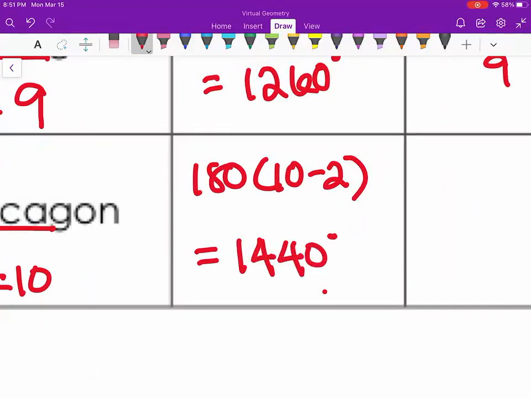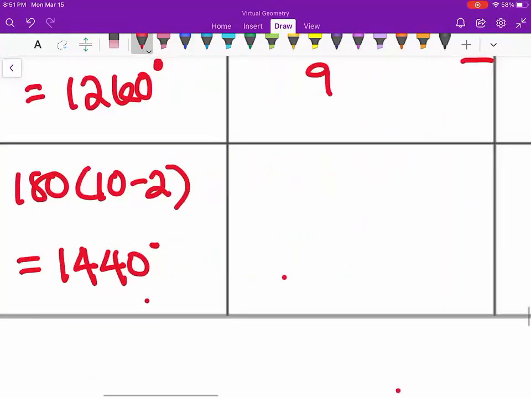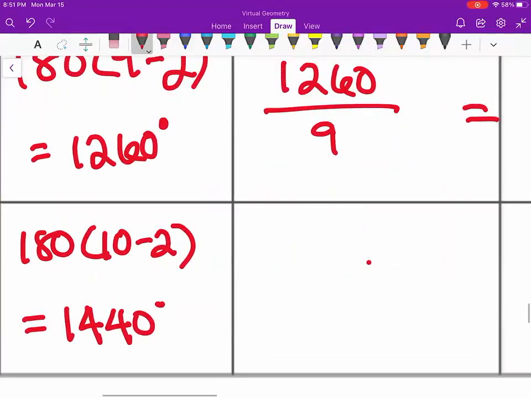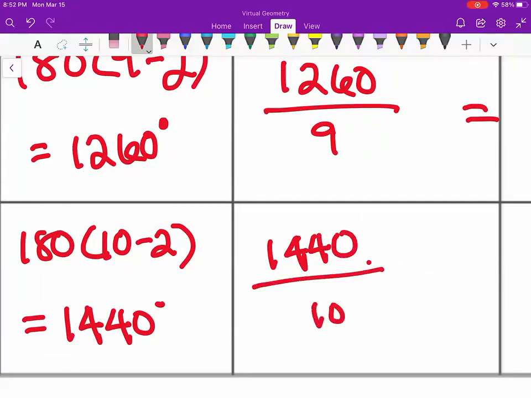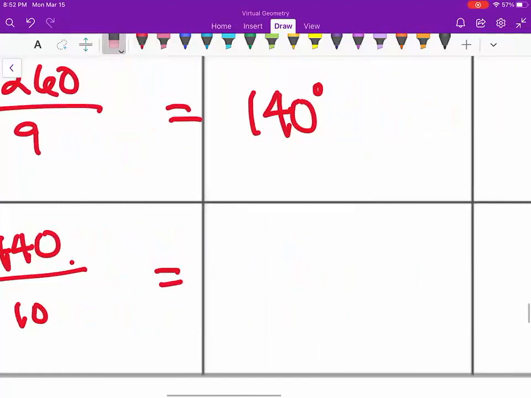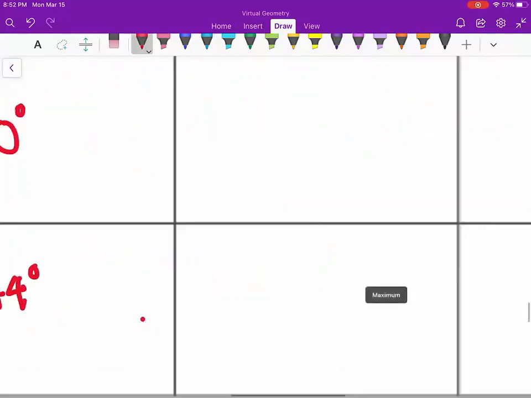Take that same 1,440 and let's see what's going on at each one. So 1,440 divided by the 10 sides that it's got means that each interior is 144 degrees.